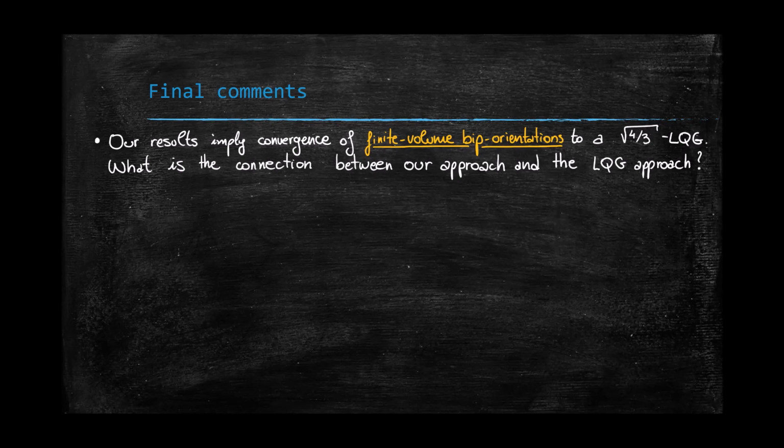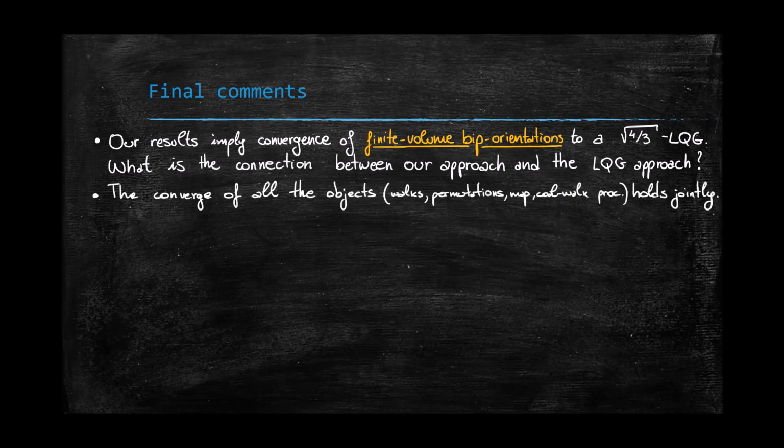This result suggests the following natural question. What is the connection between our approach and the Liouville quantum gravity approach? In particular, do we have a stochastic differential equation encoding some quantities related to the Liouville quantum gravity?